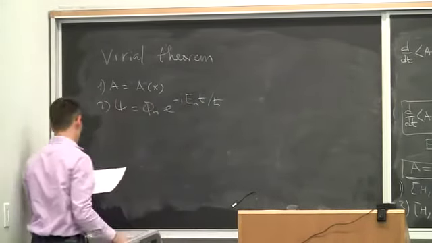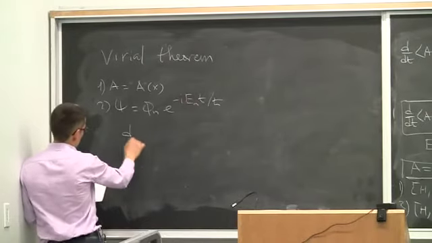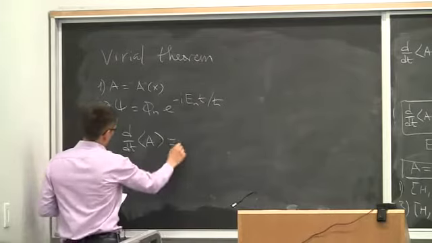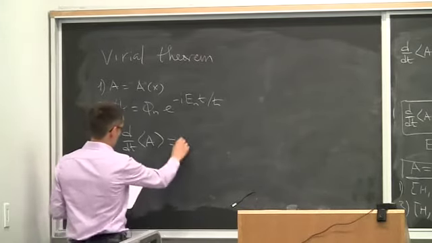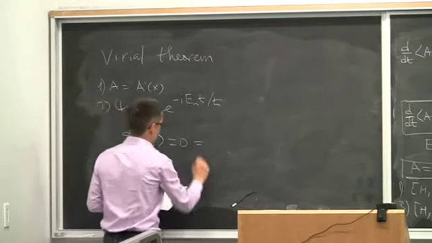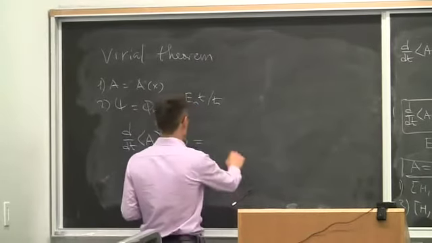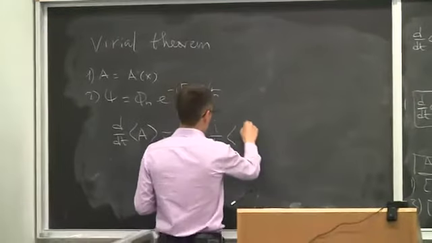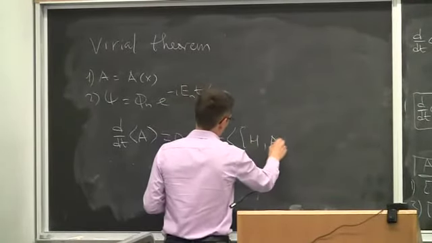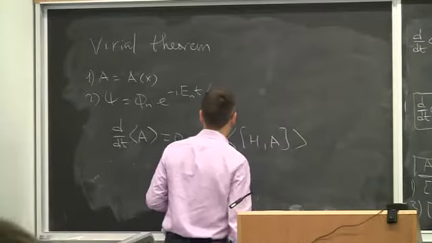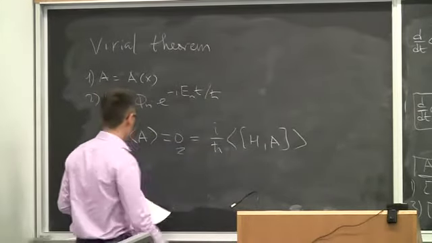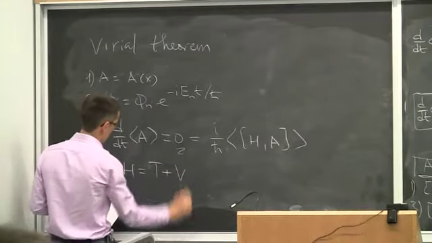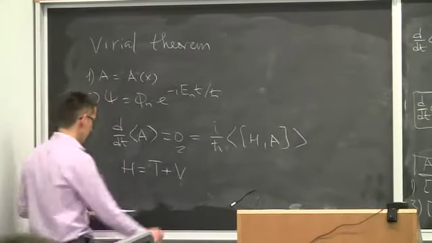For that psi we know that d over dt of any arbitrary operator is 0, and that means that i divided by h bar times the commutator of H and A is also 0.